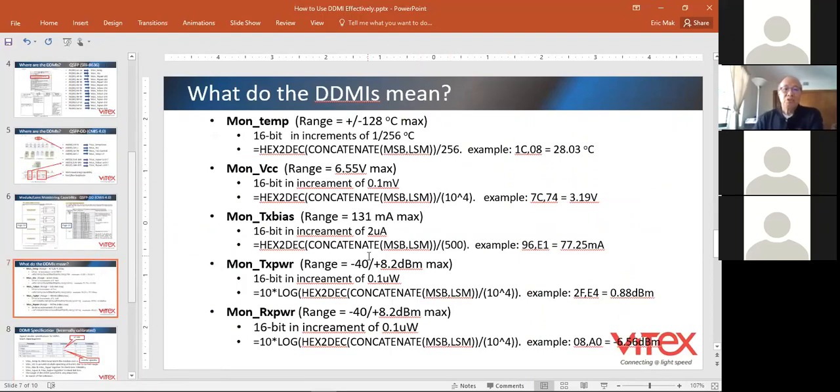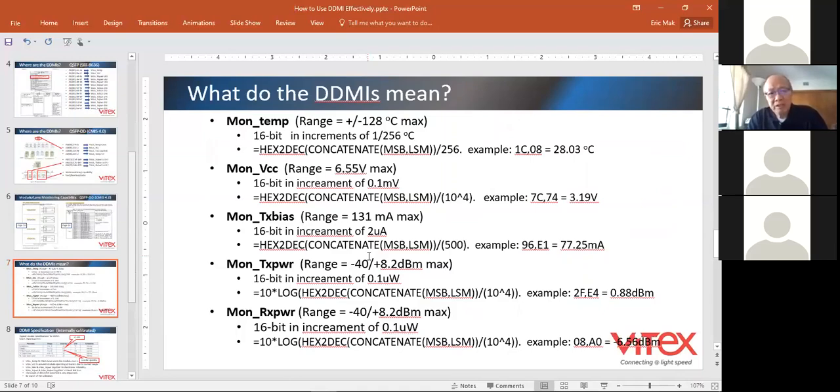So of those 5 basic parameters, I put it up just for your convenience. The range, I stated the range, I put it down directly from the MSA. So temperature, VCC, bias current, transmitter power, receiver power. But keep in mind that the vendor does not have to follow the range, right? The range is basically from their own spec, whatever the spec is, they put the range in, they calibrate for the spec.